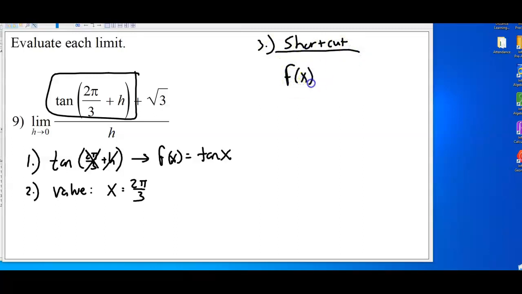Here's my function. Here's the derivative. And then we're going to plug in the value they gave us.